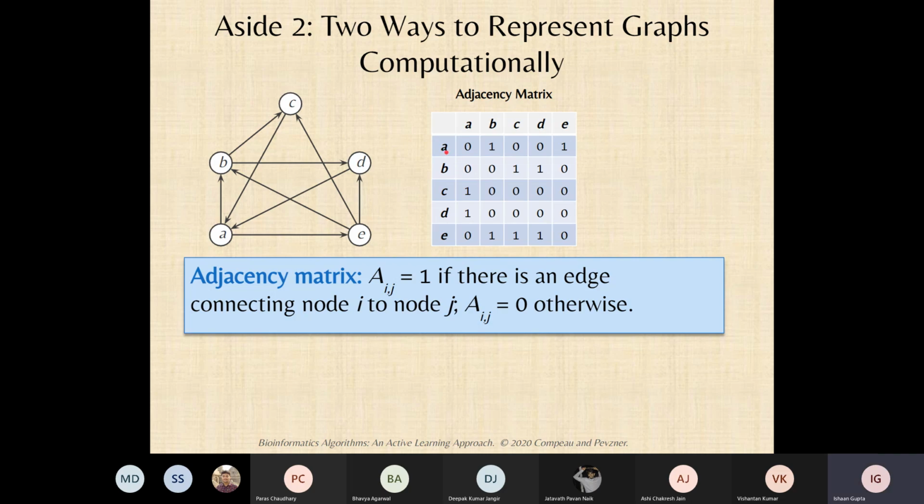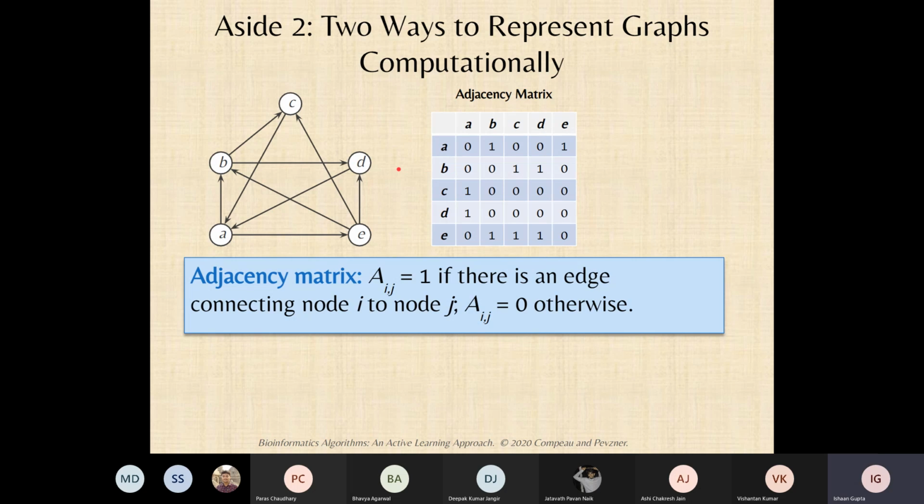So whenever it's going from A to B, from the prefix to the suffix, you put a 1 there. Similarly, you have A to E, so there is a 1 here. Now there is D to A and C to A coming here, so you have 1, 1 here.